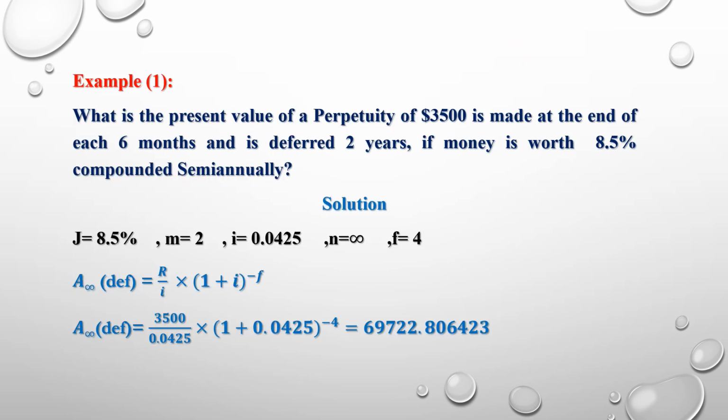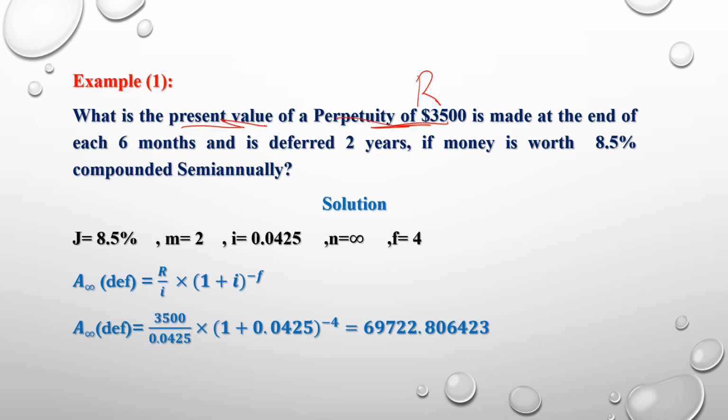Example 1. What is the present value of a perpetuity of $3,500 made at the end of 6 months and deferred 2 years if money is worth 8.5% compounded semi-annually? In this example, it's asking about the present value of a perpetuity with value $3,500.